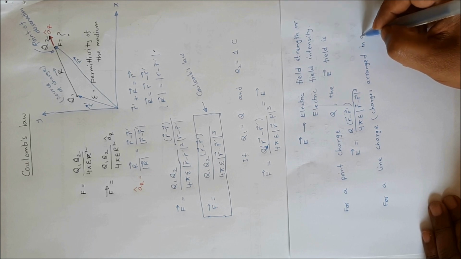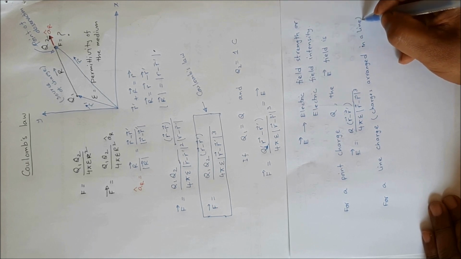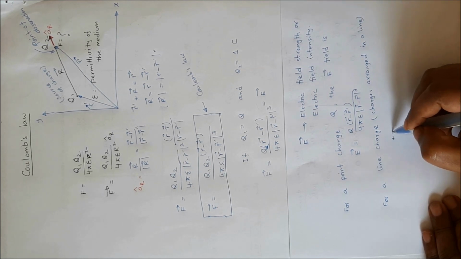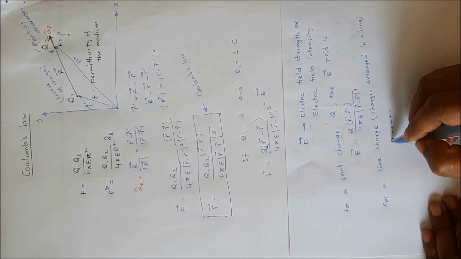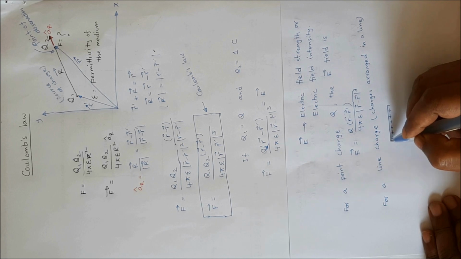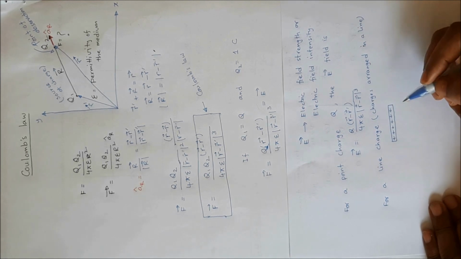For a line of charge with a density rho L coulombs per meter, we can write the electric field expression like this.